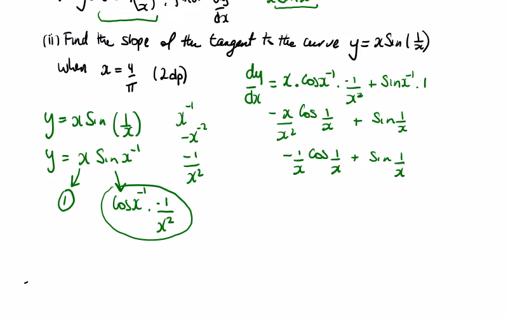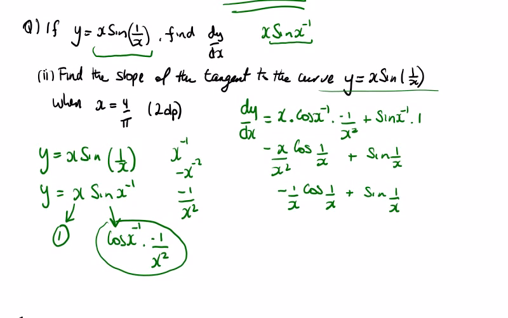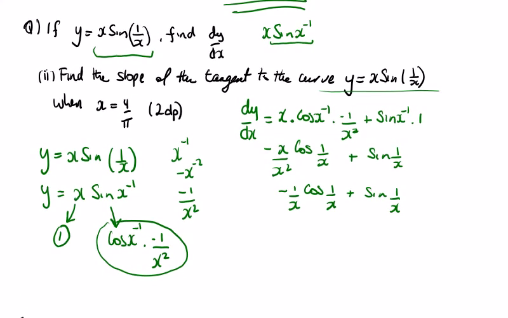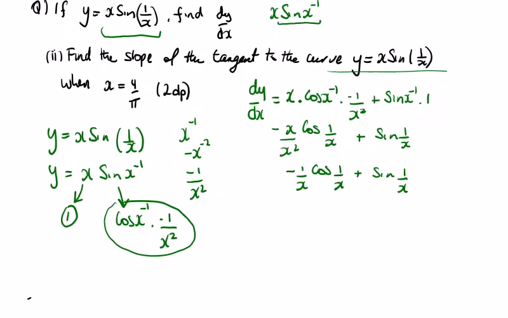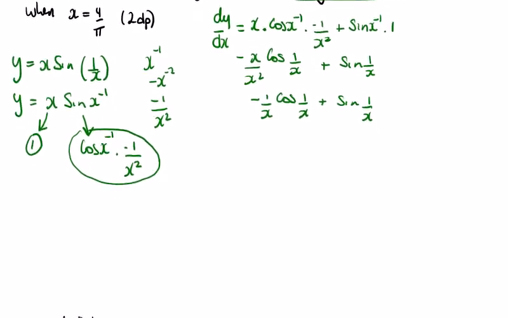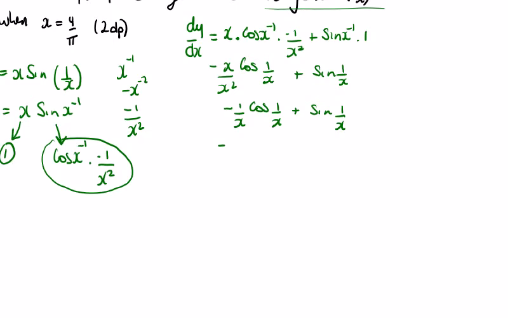What else are we asking in this question? The slope of the tangent. Okay, we have dy/dx, and we're asked to find the derivative, or the slope of the tangent of the curve, when x is equal to 4 over pi. Okay, if x is equal to 4 over pi, well, let's just do this quickly. 1 over 4 over pi is equal to 1 times pi over 4.